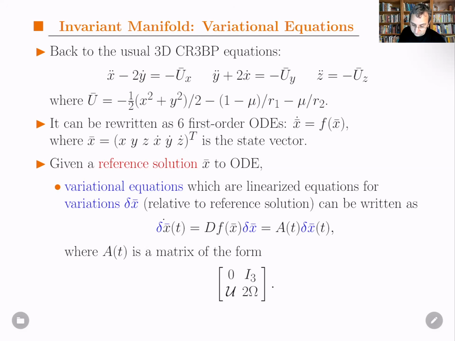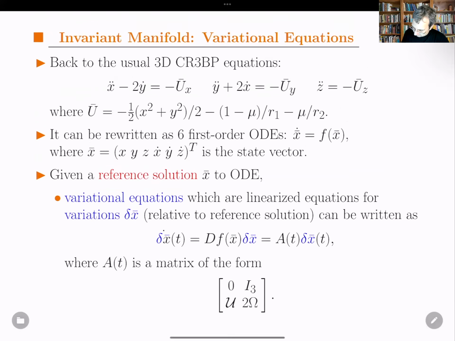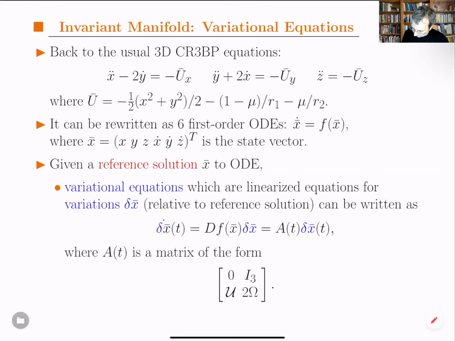Now let's go back to those usual equations, and now the little x, little y, and little z just mean the usual non-dimensional form that we've been looking at. And we've said things about this before where you want to get the variational equations. They're linearized equations around some kind of reference trajectory.